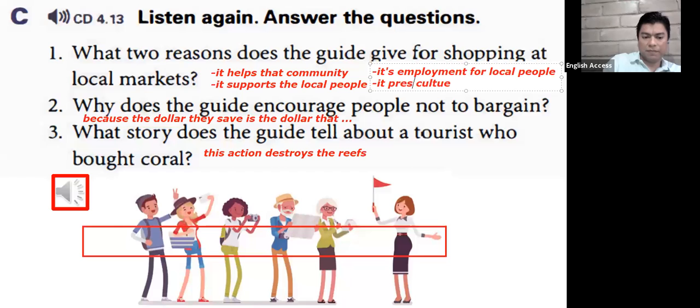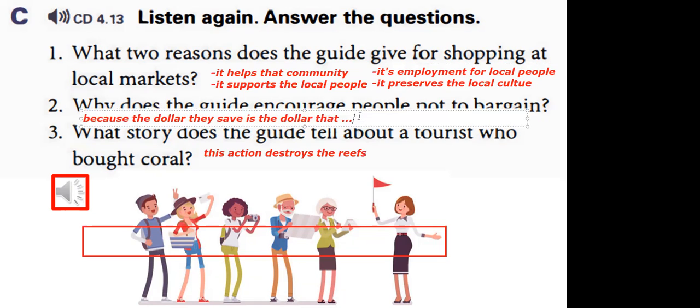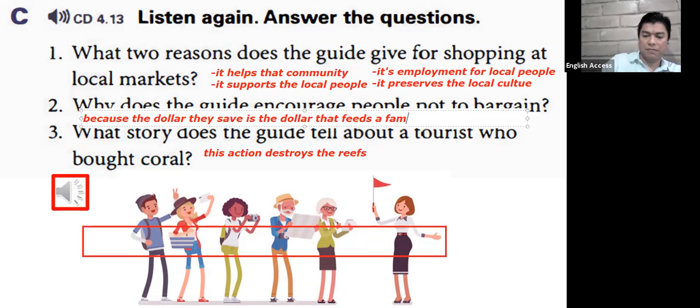Now, number two, why does the guide encourage people not to bargain? Because the dollar they save is the dollar that feeds a family for an entire day.